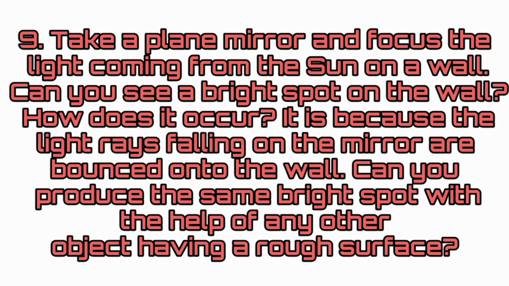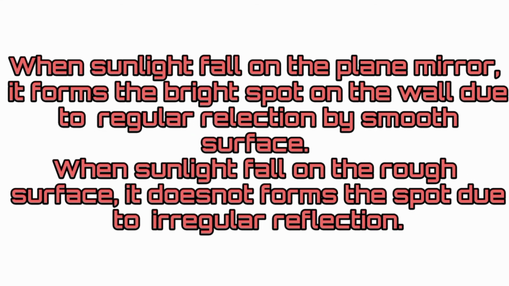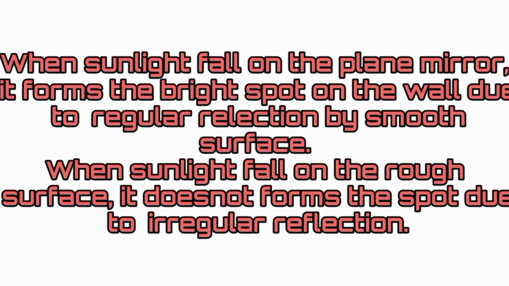Can you produce the same bright spot with the help of any other object having a rough surface? Answer. When sunlight falls on the plane mirror, it forms the bright spot on the wall due to regular reflection by the smooth surface. When sunlight falls on a rough surface, it does not form the spot due to irregular reflection.